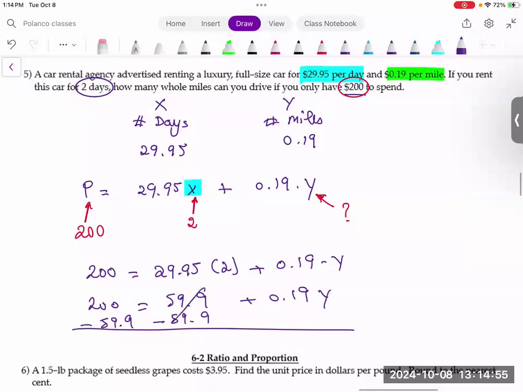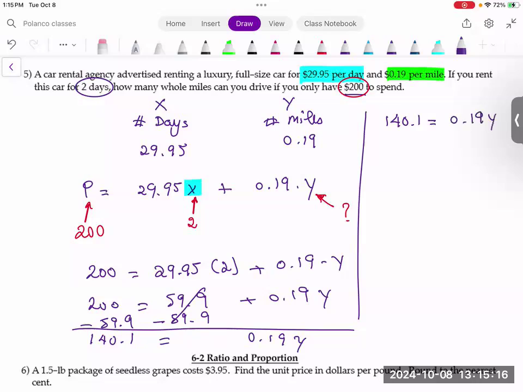So this cancels out. This is gonna be 140.1 equals 0.19 Y. Let me copy it here. So 140.1 equals 0.19 Y. That's what I got. Divide both sides by 0.19. And you definitely need your calculator here. 7.